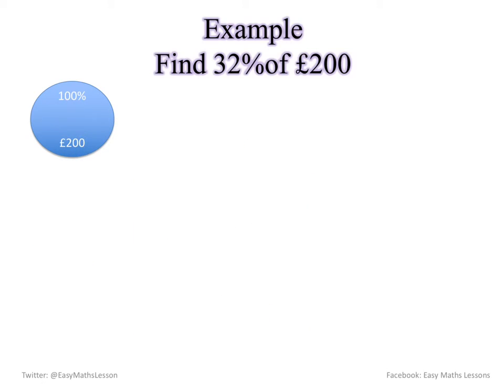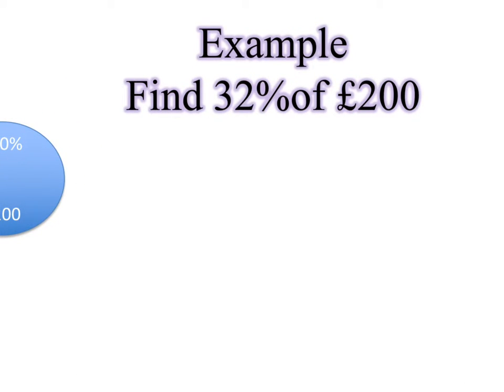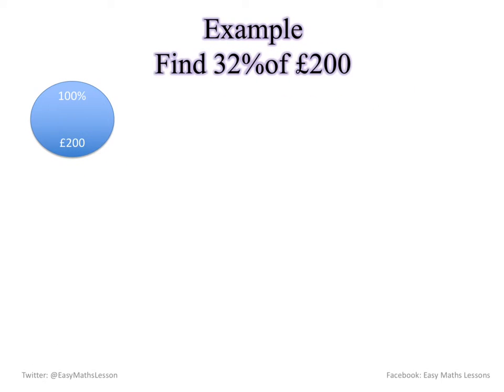Let's try another example. This time it's asking you to find 32% of £200. Again, my £200 will be 100% of my amount. I'm definitely going to find 10% first. It's the easiest thing to do, just divide it by 10.